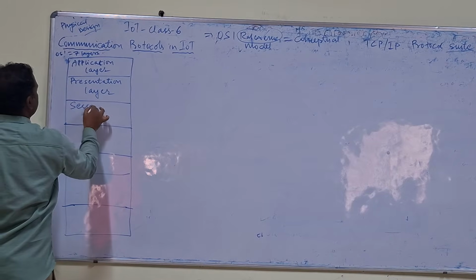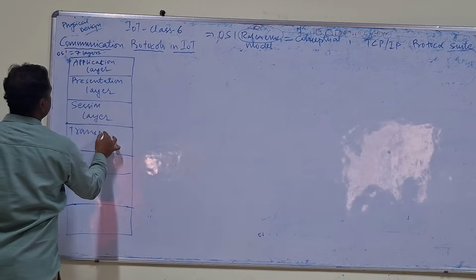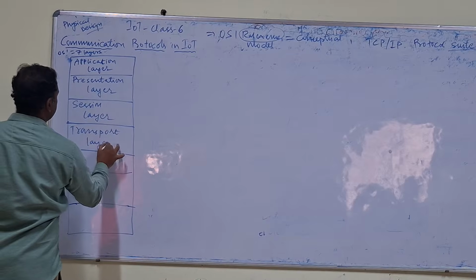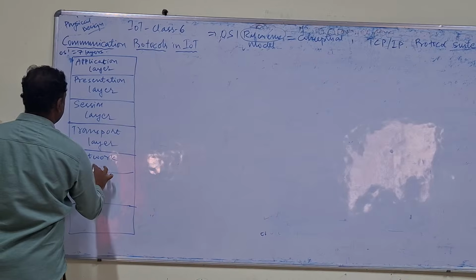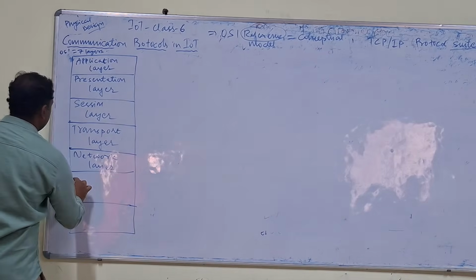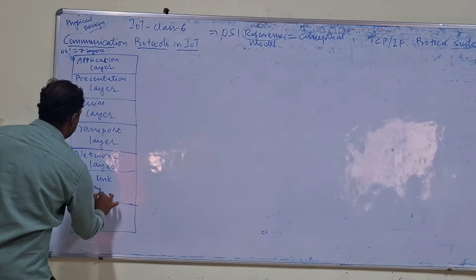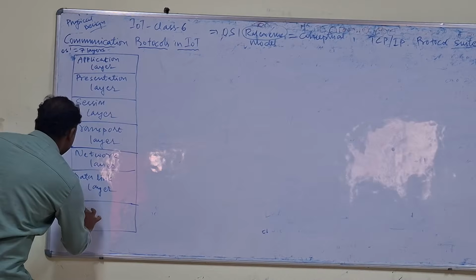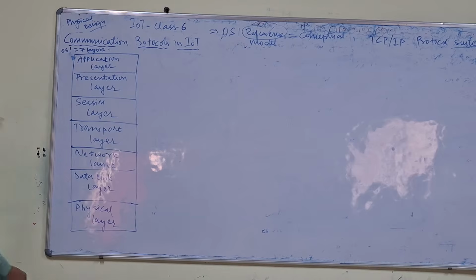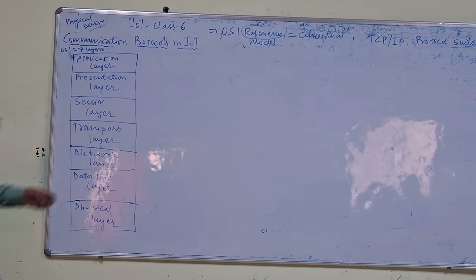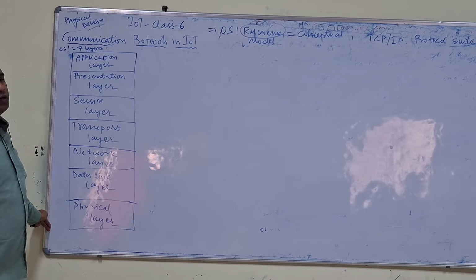The third is the session layer. Then the transport layer, then the network layer, then the data link layer. The last one is the physical layer. These are the 7 layers. In each layer we have protocols.